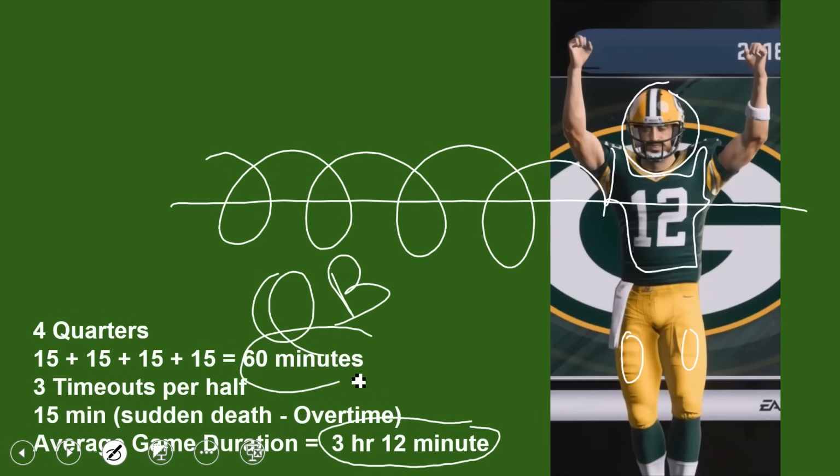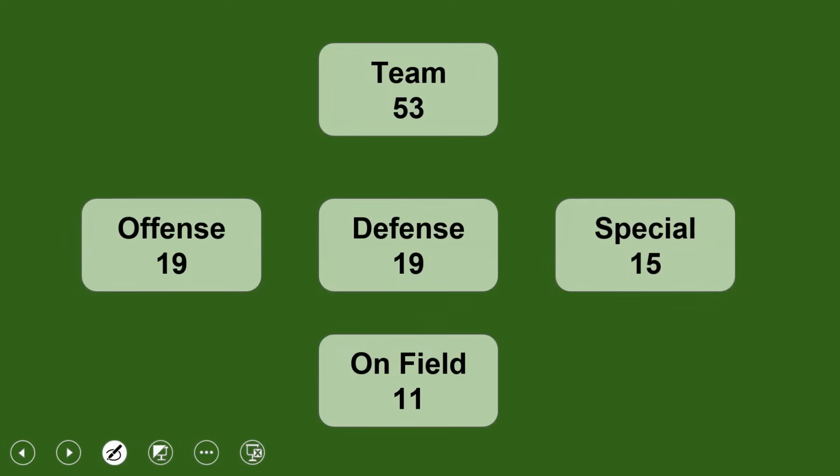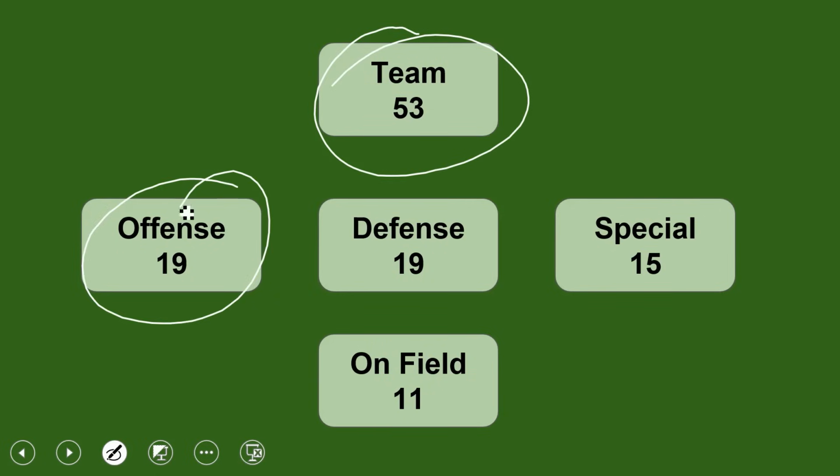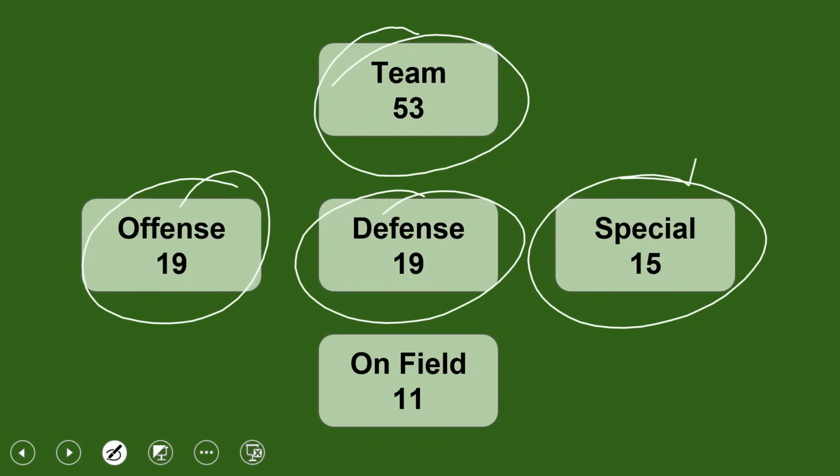So that's where people sometimes get bored, because the action happens only for 60 minutes, but the game goes for 3 hours, 12 minutes. I'll explain why right now. Basically, there are 3 teams within a team. A team consists of 53 players, which is divided into offense, defense, and special players.